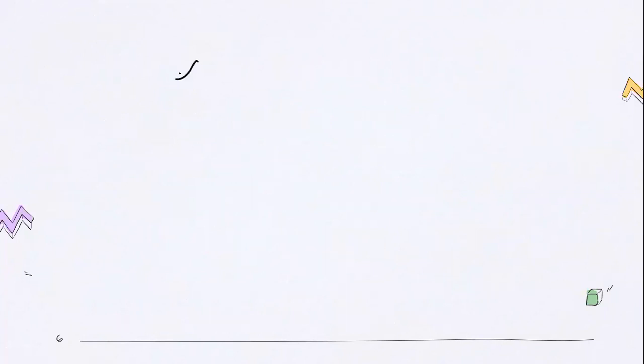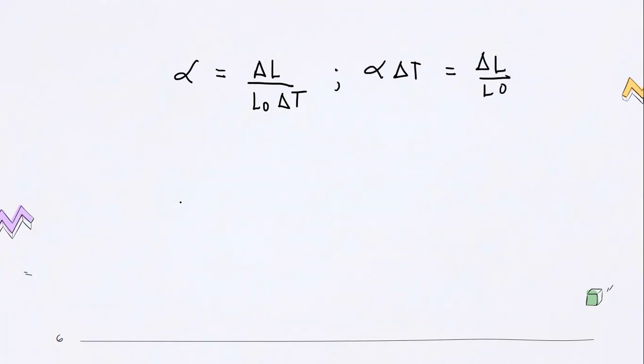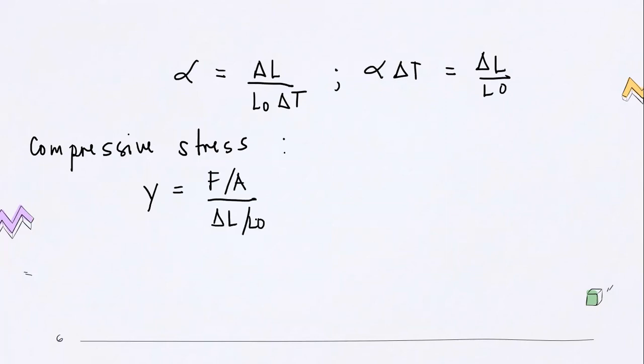Then we have alpha equal to delta L over L sub O delta T. From that formula, alpha delta T is equal to delta L over L sub O. Under compressive stress, from the formula of Young's modulus, Young's modulus is equal to force over area over delta L over L sub O, which is also equal to alpha delta T. This gives the relationship between Young's modulus and the coefficient of linear expansion.